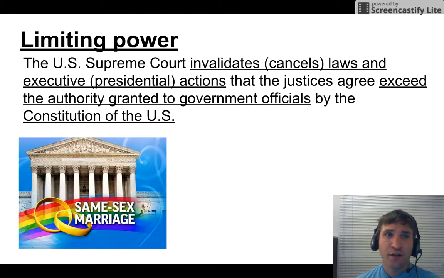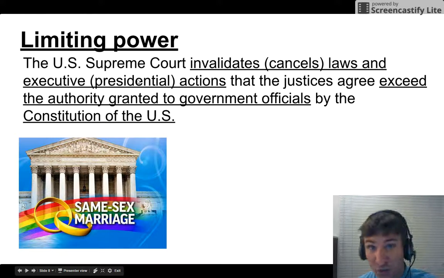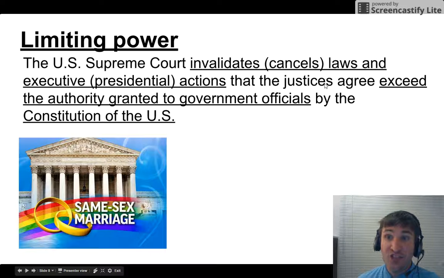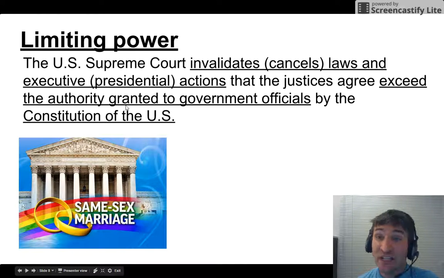Limiting power. The U.S. Supreme Court, of course, is one of the branches of the government, the judicial branch, and its job is to invalidate or cancel laws and the executive branch is the presidential branch, actions that the justices agree exceed the authority granted to government officials, go beyond what their power is.